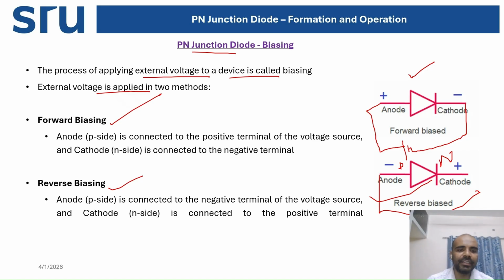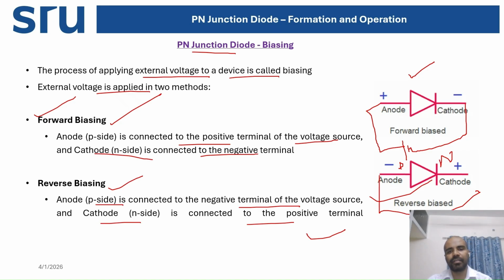So if the anode or the P region is connected to the positive terminal of the voltage source, and the cathode is connected to the negative terminal, then it is called forward biasing. For reverse bias, the P side or anode is connected to the negative terminal of the voltage source or battery, and the cathode, that is the N region, is connected to the positive terminal, which is known as the reverse biasing condition, right?